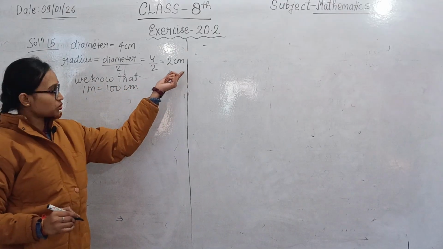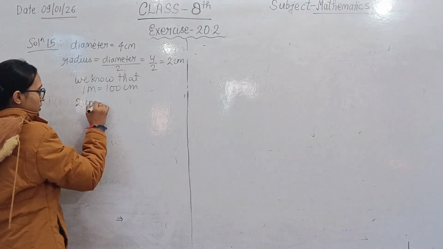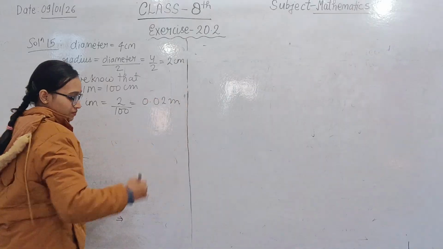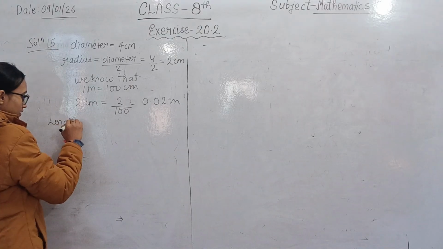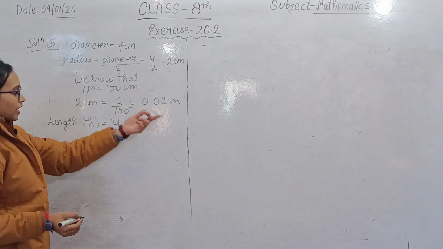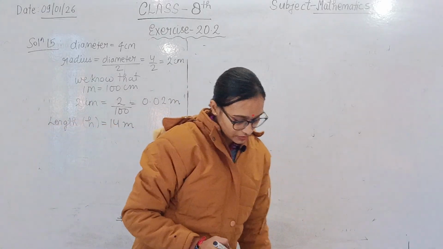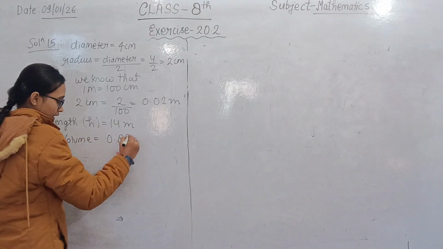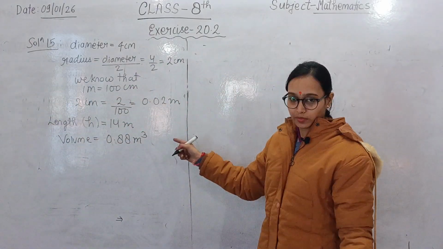When we convert this 2 centimeter into meter, we will divide 2 by 100. So 2 centimeter is equal to 2 upon 100, and it will be equal to 0.02 meter. And length, that is height, is given as 14 meter. That is, radius we have calculated in meter, length is given in 14 meter, and volume is given as 0.88 meter cube. Firstly, we have changed the units and made them similar.